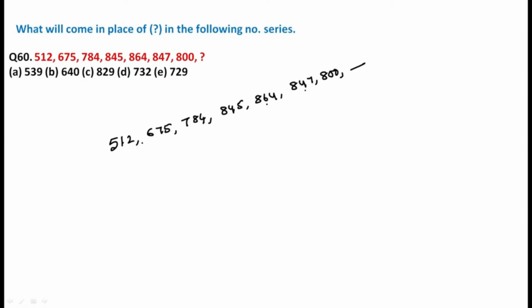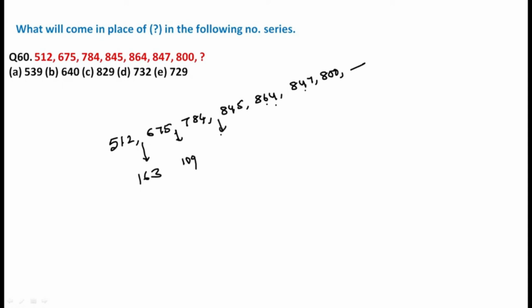Now you just find the difference, guys. What's the difference between the numbers? 675 minus 512. Again 784 minus 675, now you get 109.